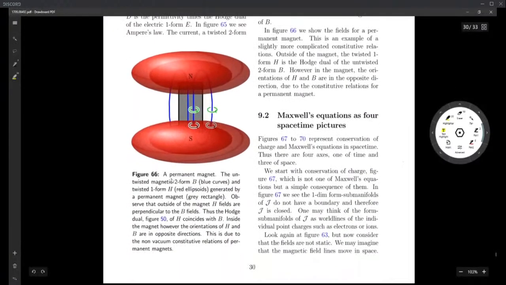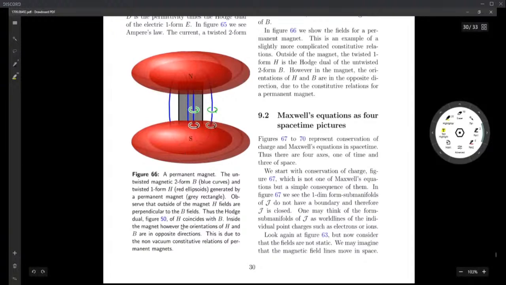Similar case for the permanent magnet. Your blue curves are basically twisted one forms, and your ellipsoids, these really weird ellipsoids, are generated by the permanent magnet, and you can see that they are actually perpendicular. The field lines are actually perpendicular to the B fields.